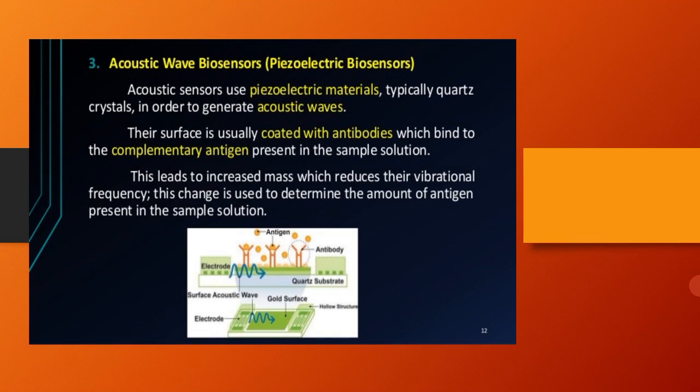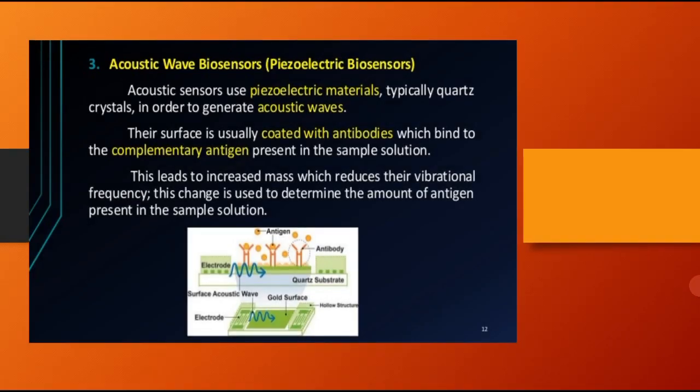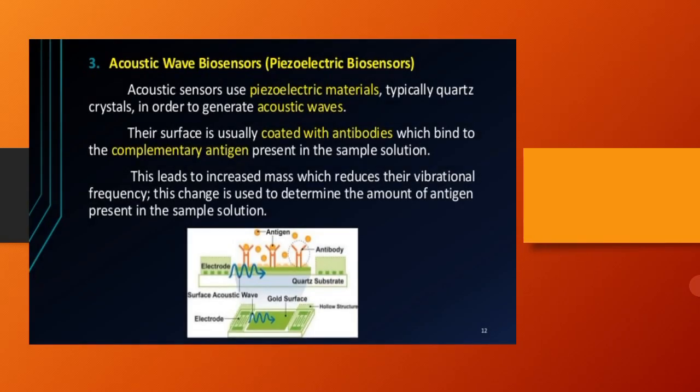Therefore, the greater the reduction in the vibrational frequency of the waves, the higher the concentration. This change in vibrational frequency is used to determine the amount of antigen present in the test sample.